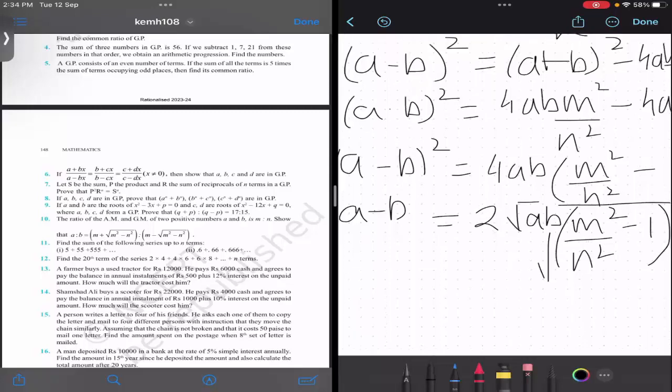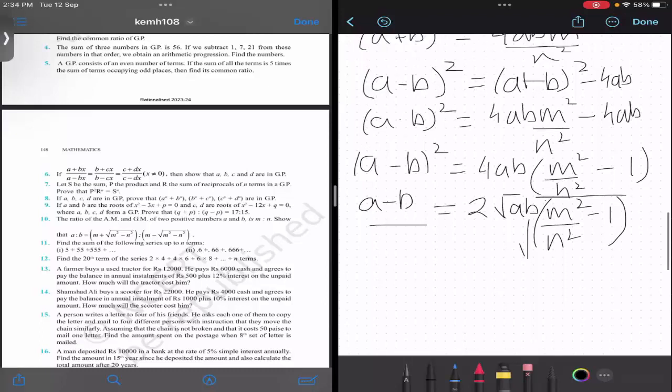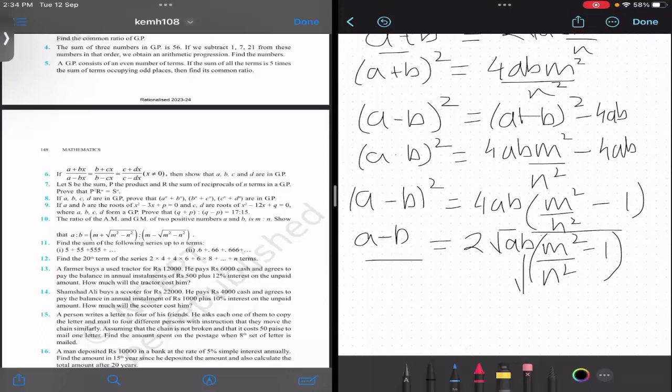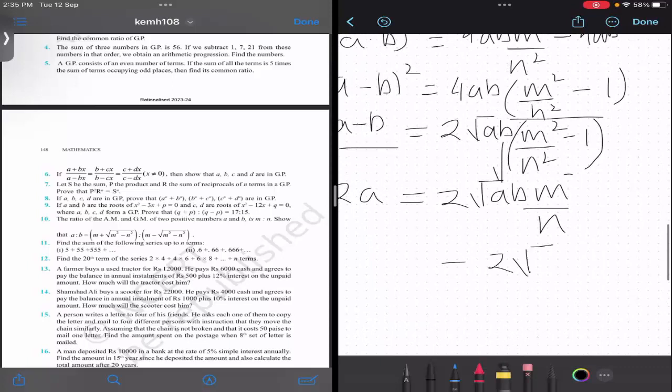Correct? So when you add up this equation and this equation, you get 2A equals 2 root AB M upon N plus 2 root AB, I'm taking N out common, into bracket under root M square minus N square.